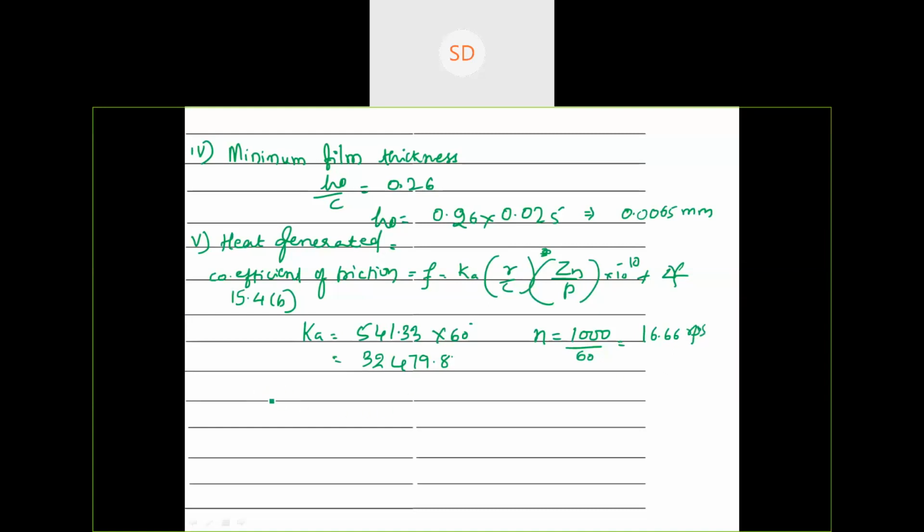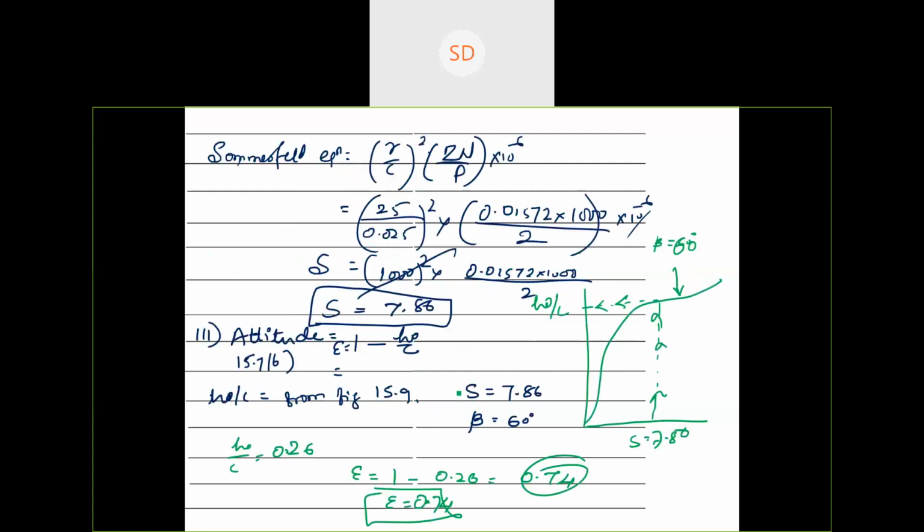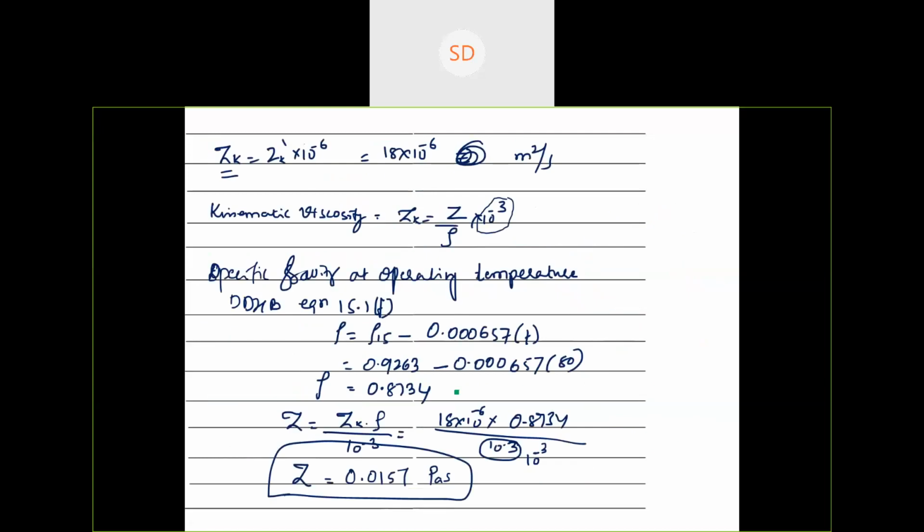Now substitute all values here. f equal to, okay, 32479.8 into r is 25, c is 0.025. Okay. Z, how much did you get? You just note down. How much did you get for Z? 0.0157.